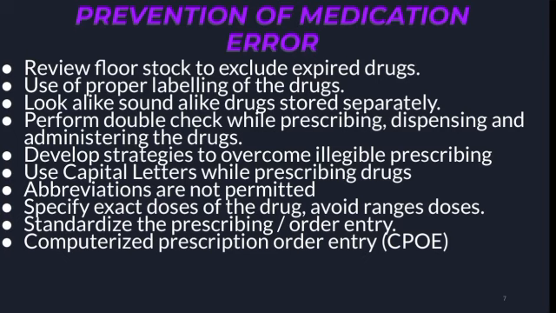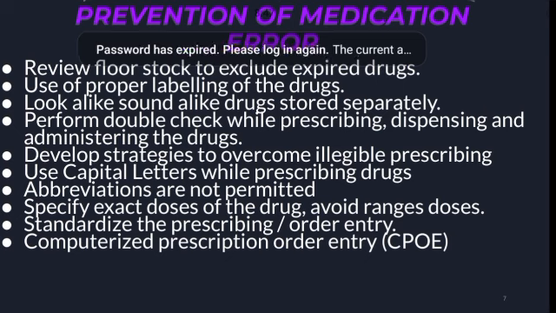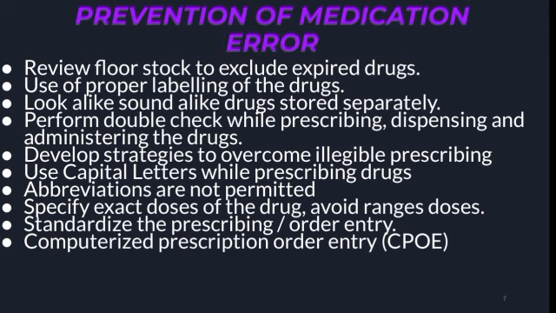Computerized prescription order entry. Nowadays computerized prescription has been launched. It helps to prevent most kinds of error. By using computerized entry, most kinds of errors are prevented. Next, the prescription error. In medication error, the pharmacist plays the major role in controlling prescription errors and other kinds of error.